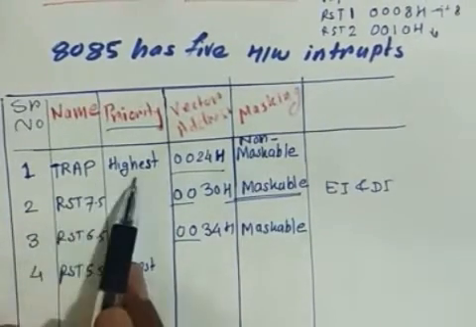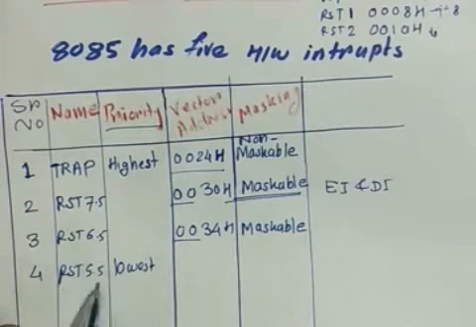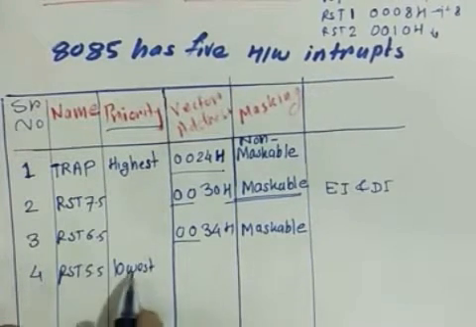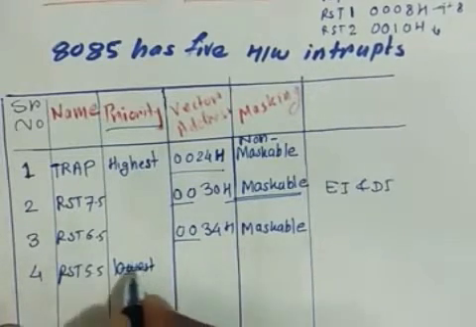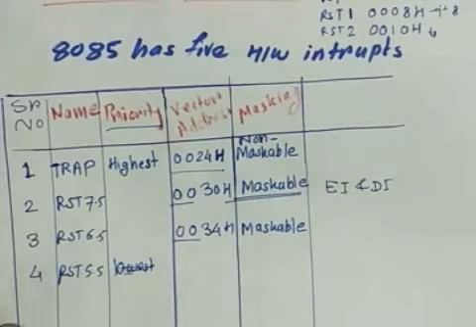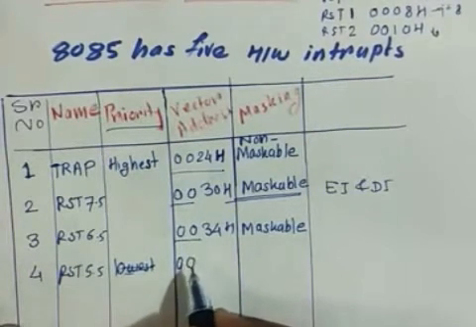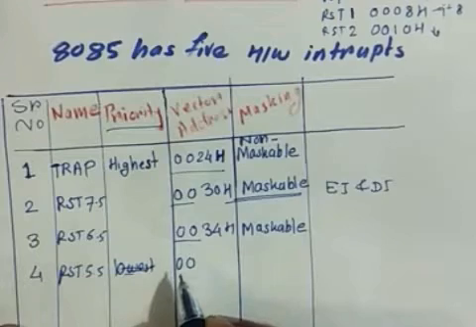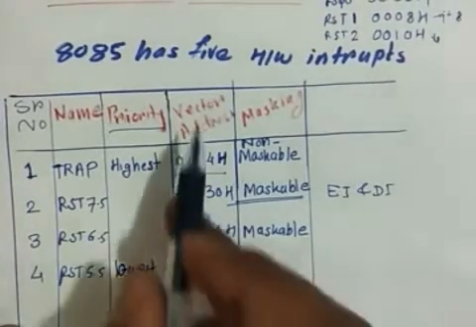First priority is given to TRAP, then second 7.5, then after that 6.5, then after that 5.5. So this has a lower priority as compared to the 6.5 instruction. The vector address for this one is 002CH.